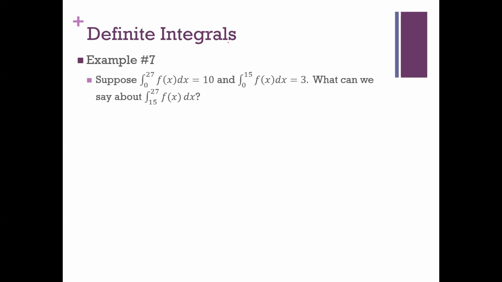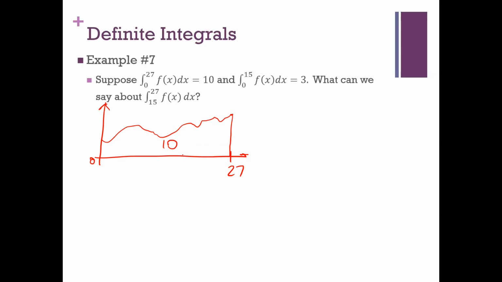Okay, so let me try to convince you a couple different ways here. First, I'm going to draw a totally not to scale area thing. So really integrating, let's just look at all the x values I care about from 0 to 27, right? I have a function that looks like, who knows? I know that the whole thing is 10, right?